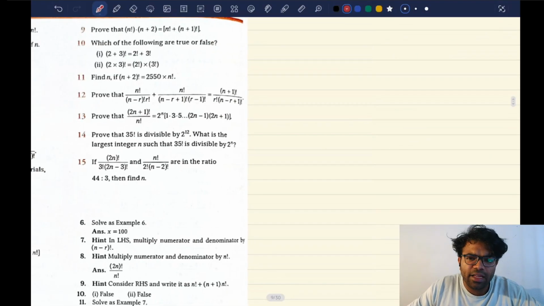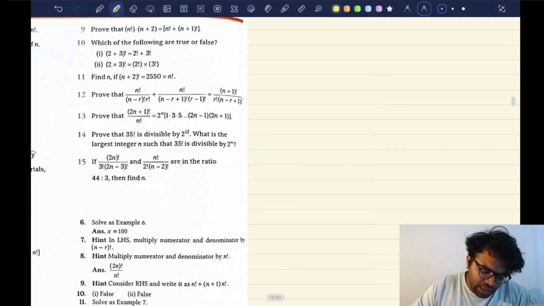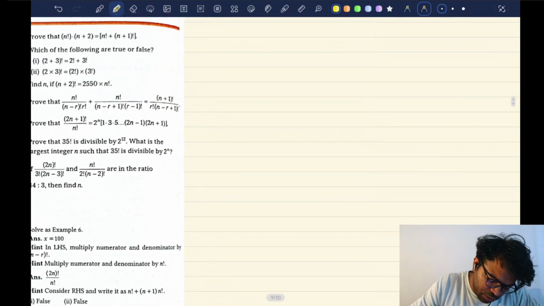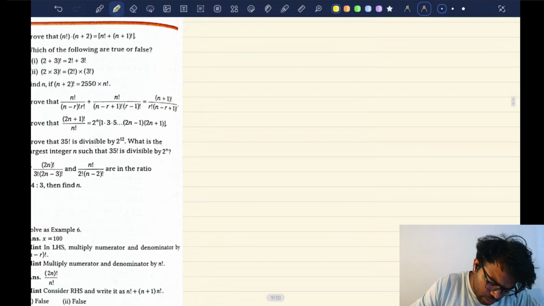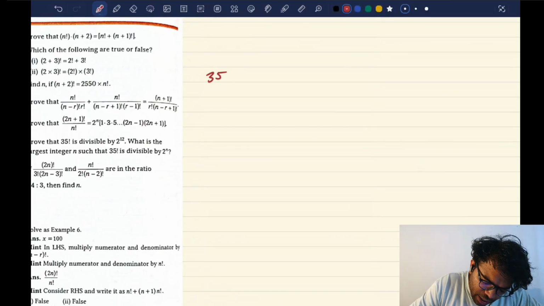Another, easier way would have been just to write 35 factorial is equal to 1 into 2 into 3 dot dot dot 35.